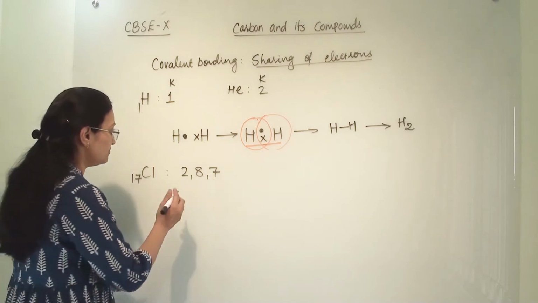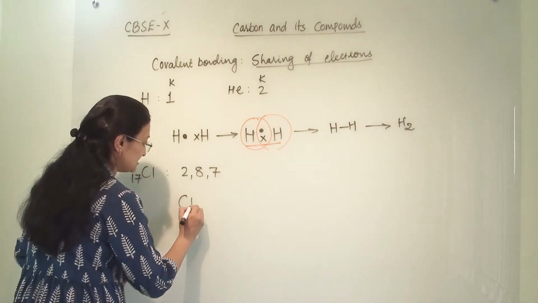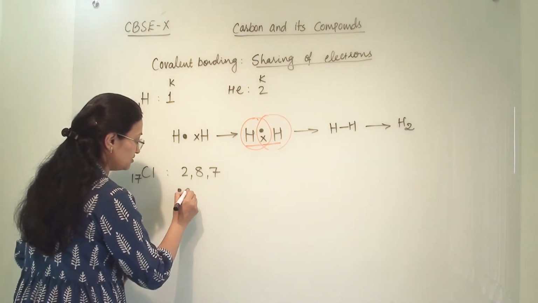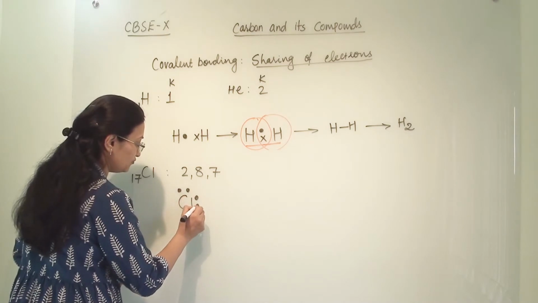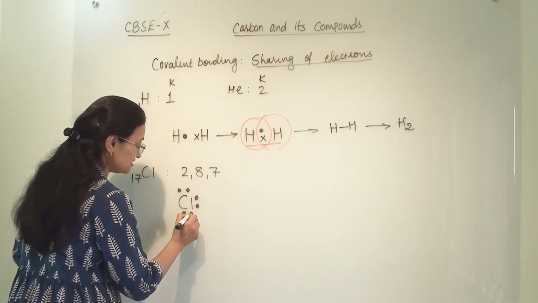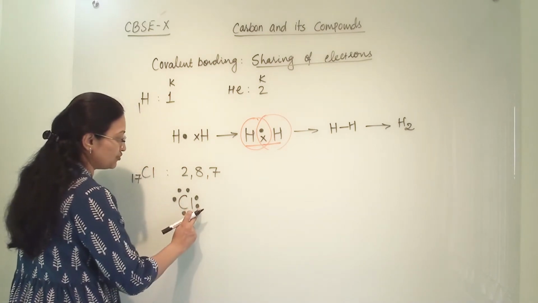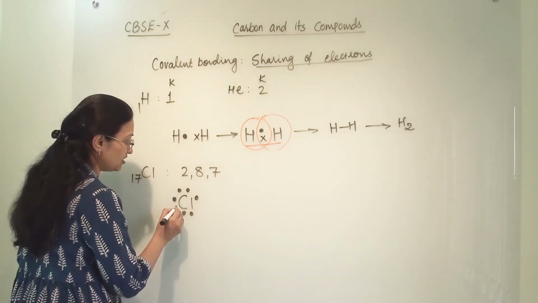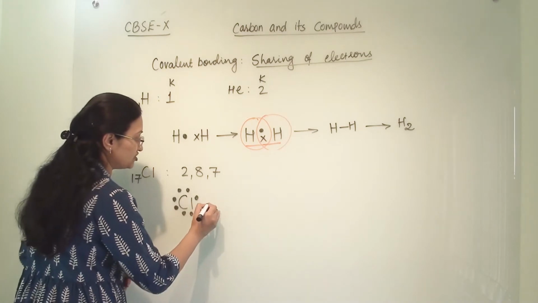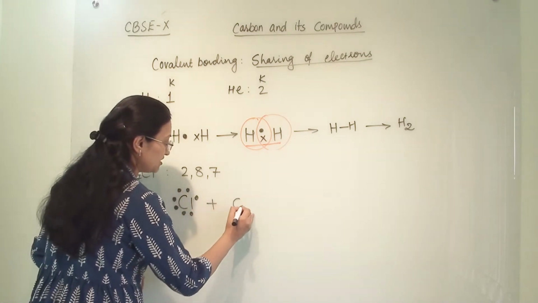So chlorine has 7 valence electrons: 1, 2, 3, 4, 5, 6 and 7. I will show this electron here so it is easy to show how it will share. Now it will share with another chlorine.